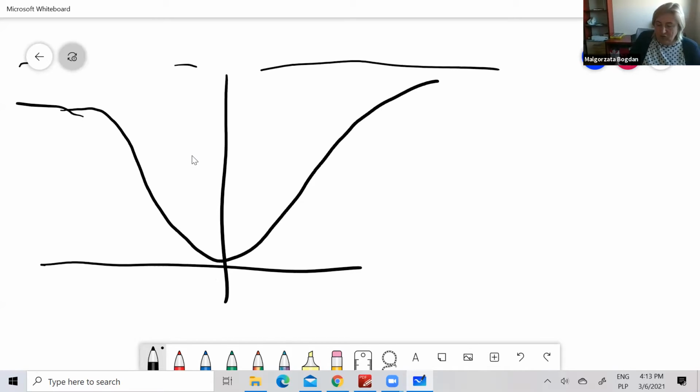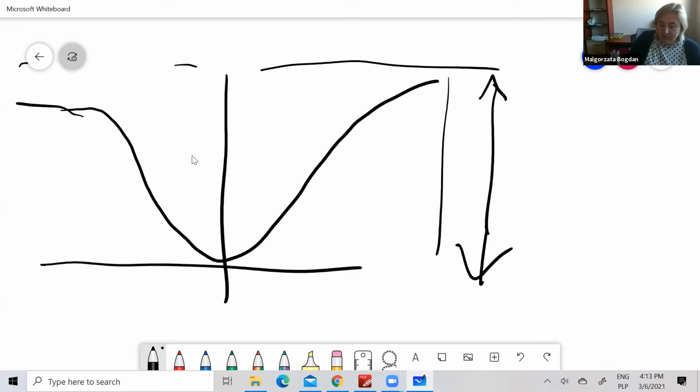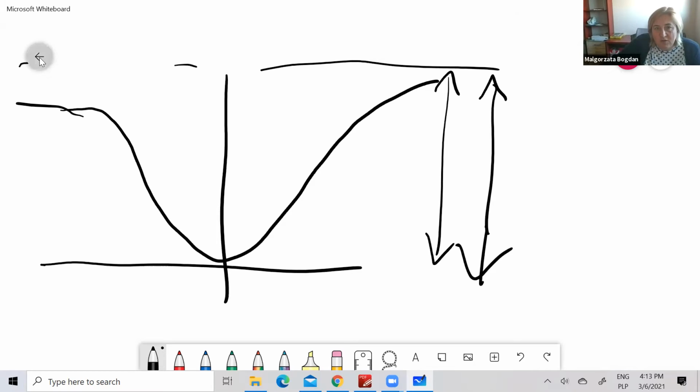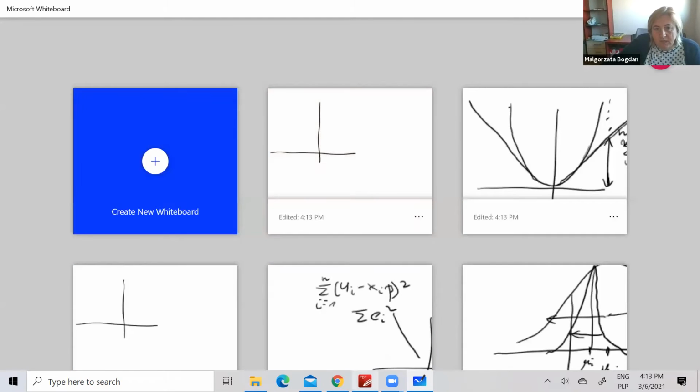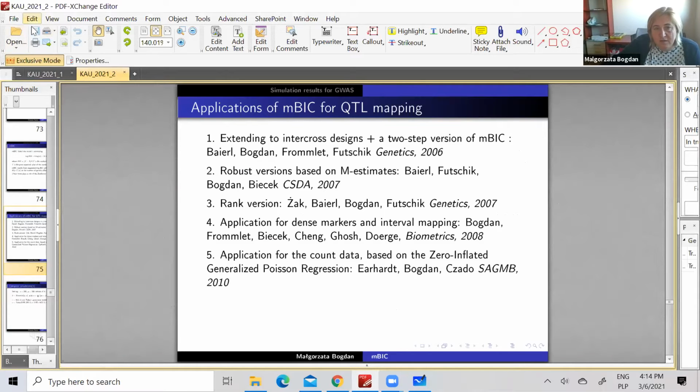So large residuals cannot have a larger influence than this value. This is what we call M estimation, robust estimation. So instead of minimizing the sum of squares of residuals, you minimize something like this. Then residuals have much smaller influence, and you can handle outliers in your data.